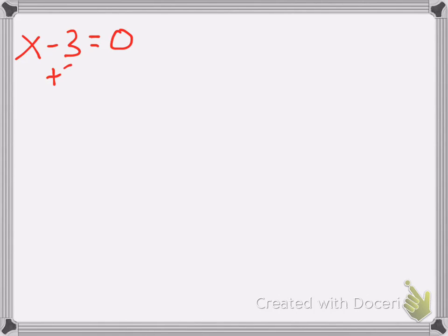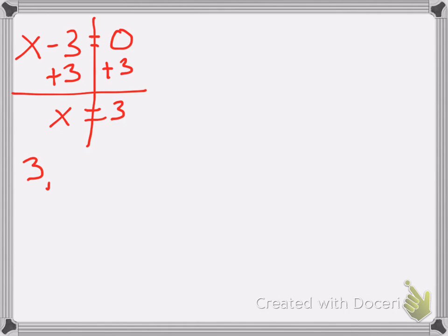I'm going to do the opposite: add 3 to both sides. Box it, line it if you want to. I get x equals 3. You're looking for the plotted point version. That is this: (3, 0). Remember, y is 0. So that is one of my answers. I'll put a box around it.